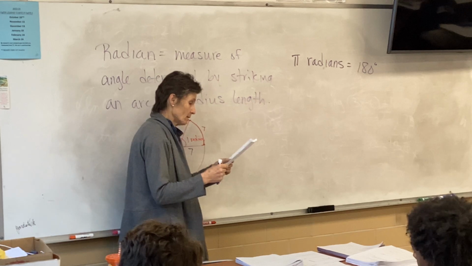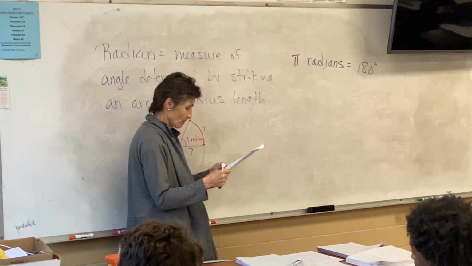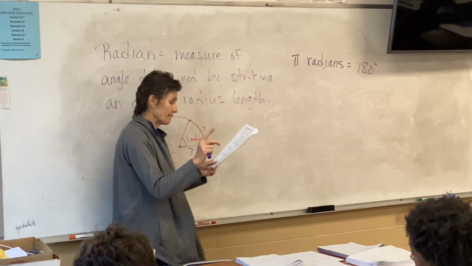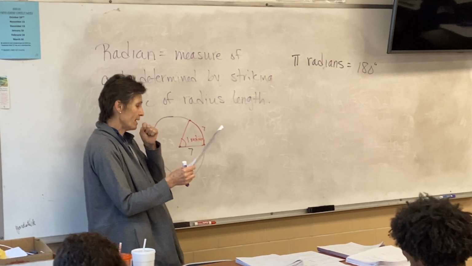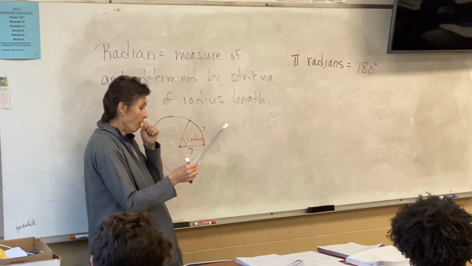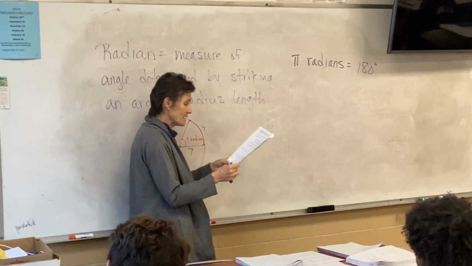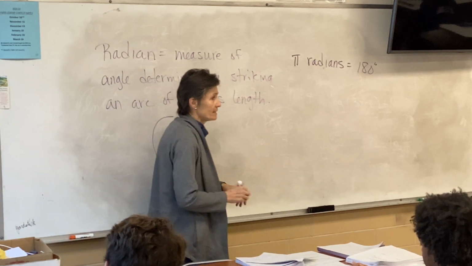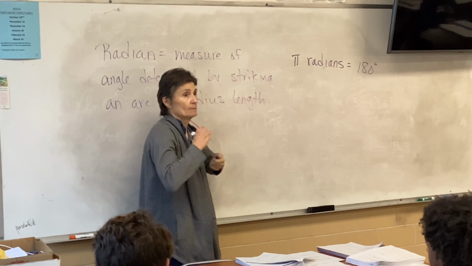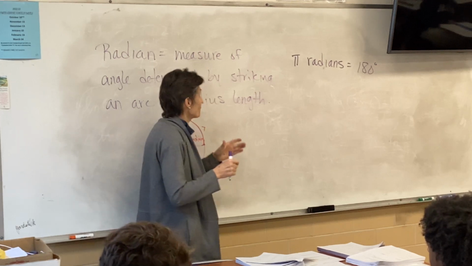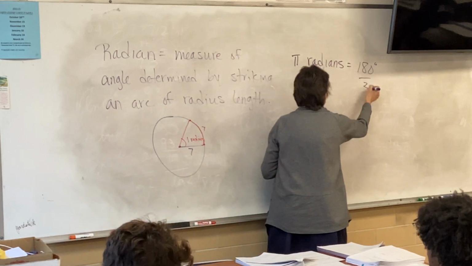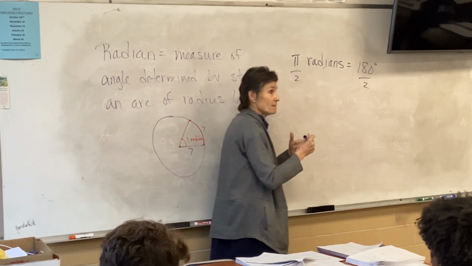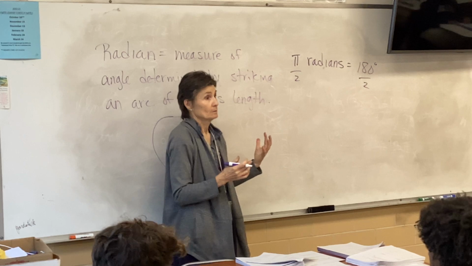So problem A is going to be a calculator problem. Let's get down to 3 for a second. We're going to do number 3 first, and then we'll come back up and do the calculator work. How many radians are in 90 degrees? So if pi radians are 180, then wouldn't 90 be pi over 2?